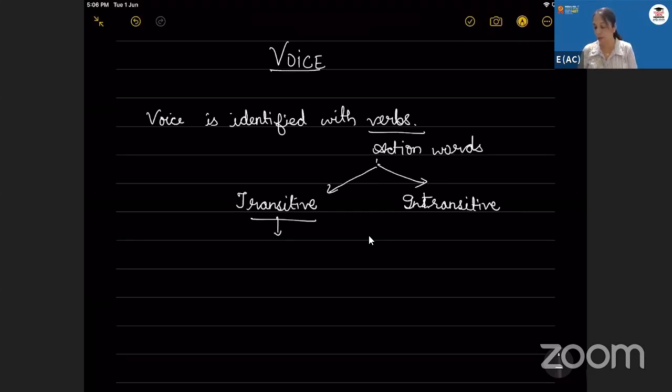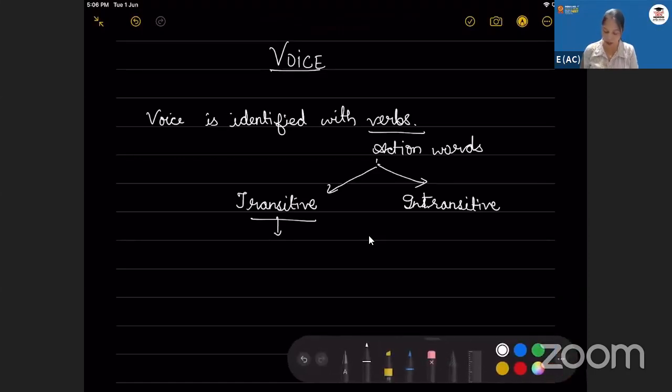So in English grammar, usually I'm just explaining one thing, that verbs have 5 properties. Basically, verbs के 5 properties हैं, right? That is voice. अब वो 5 properties क्या हैं?